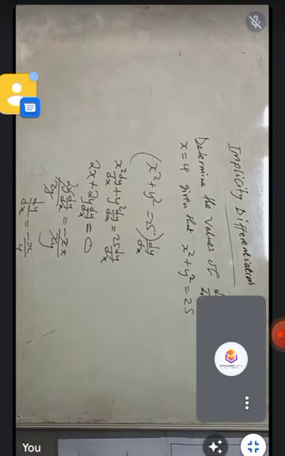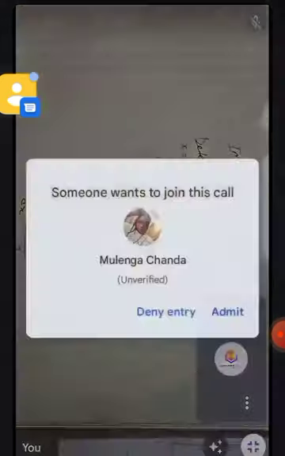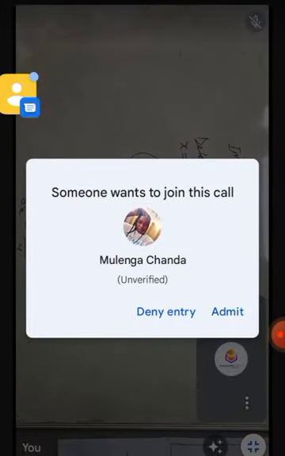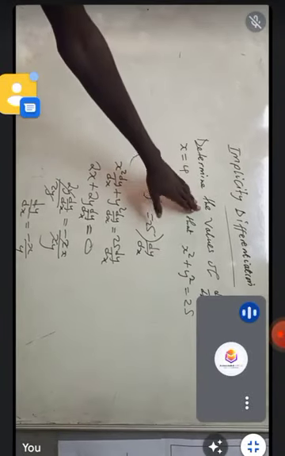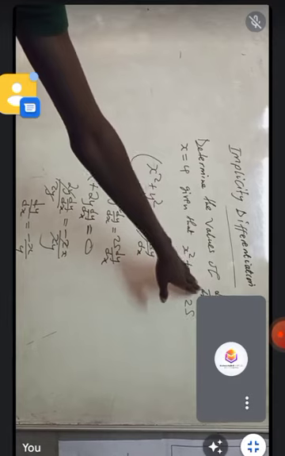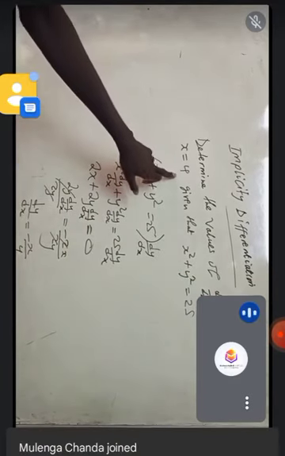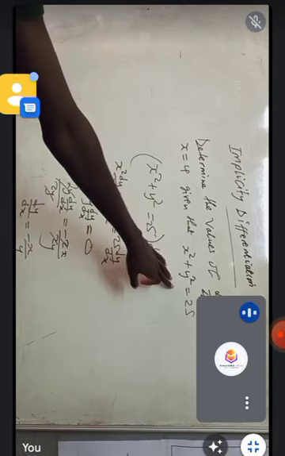Does anyone have an idea? My question is, the question says, determine the values of dy/dx when x is equal to 4, given that x squared plus y squared is equal to 25.